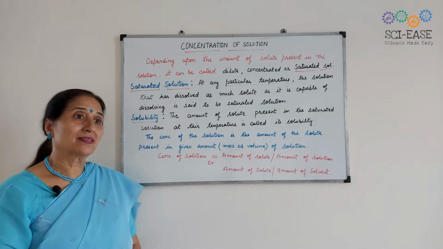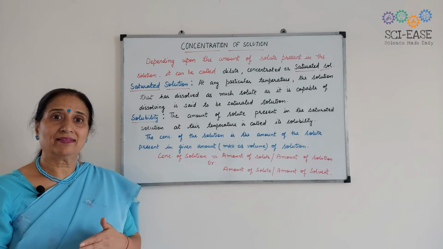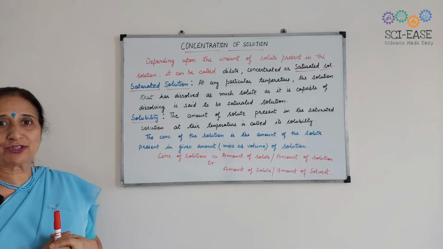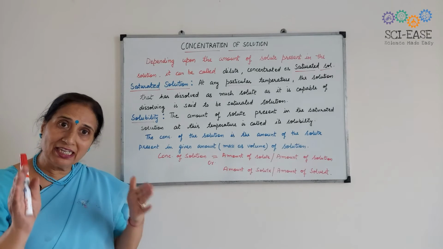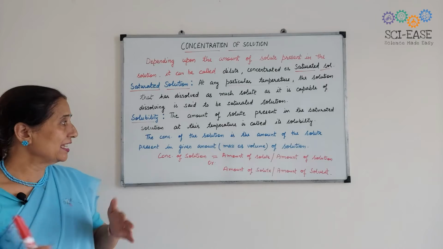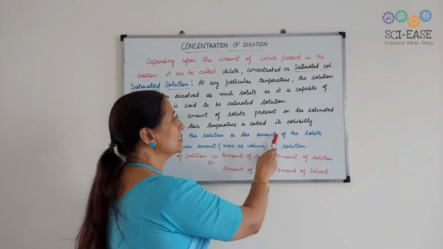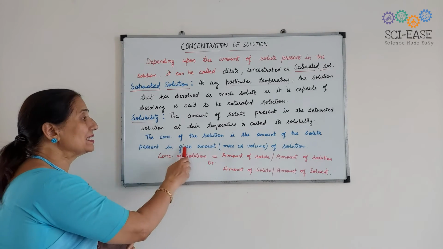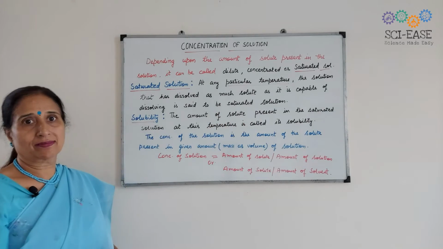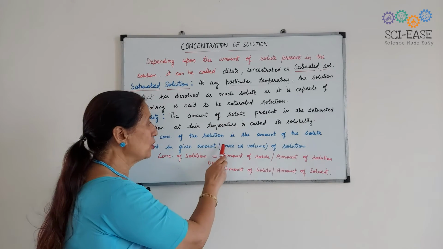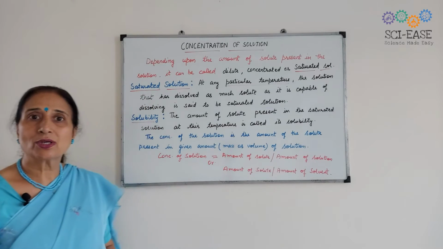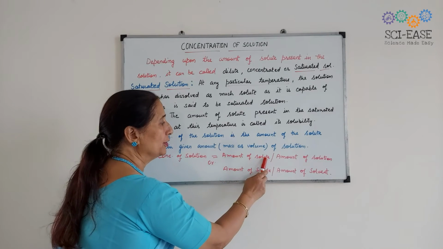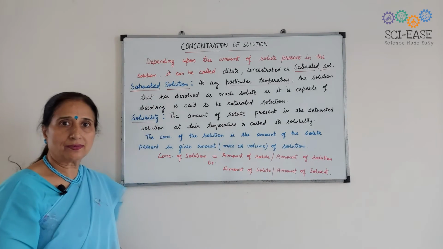Now, the next thing is how we can calculate the concentration of the solution. First I will define what concentration of the solution is. The concentration of the solution is the amount of the solute present in a given amount of the solution. Given amount means mass or volume of the solution. So, concentration of the solution is equal to amount of the solute over amount of the solution.